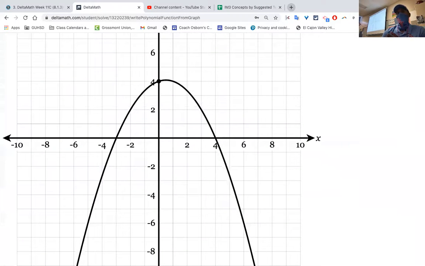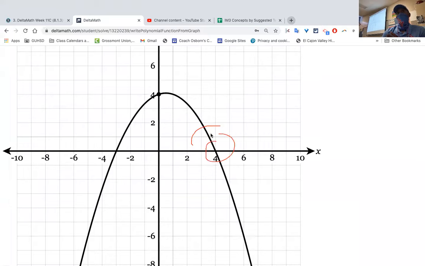So think about this point right here at 4. On the x-axis, it's at 4, so that means the x value is 4, and that's an x-intercept. But it's in the middle of the y-axis right here, and for y, that's 0. So what you're looking for is the right side to have a 0, if I'm looking at the table.